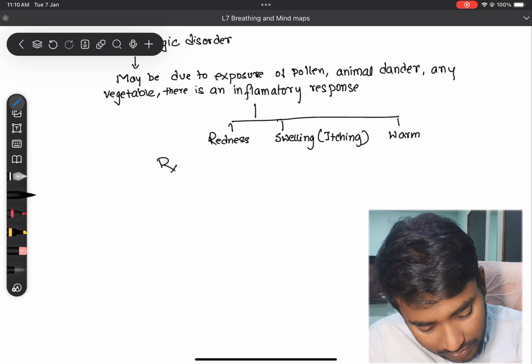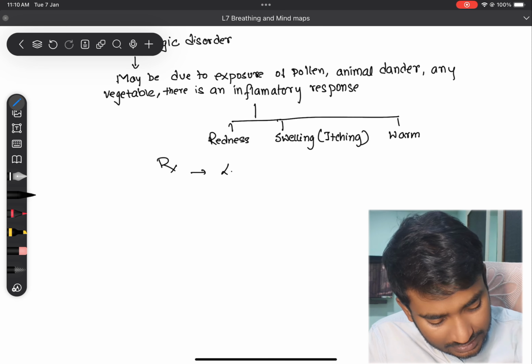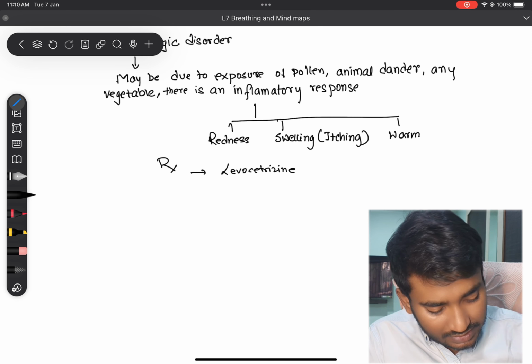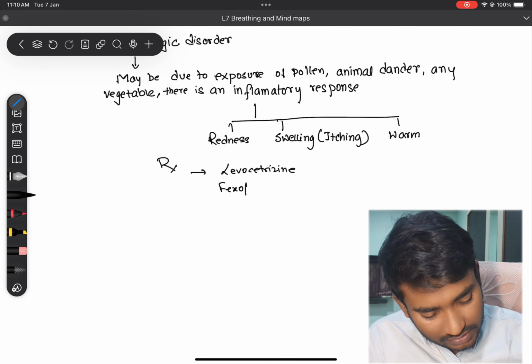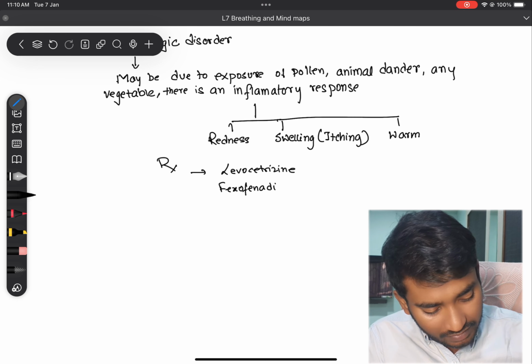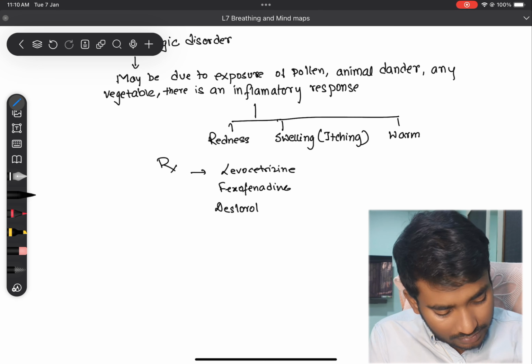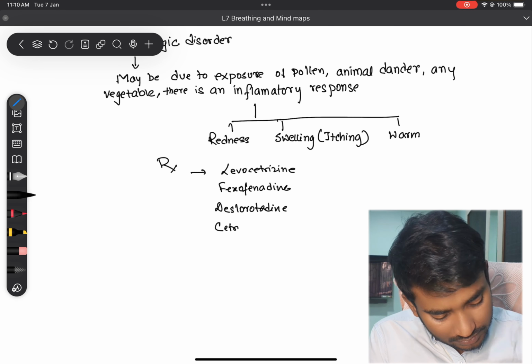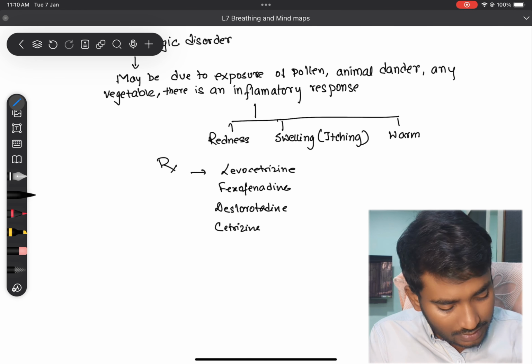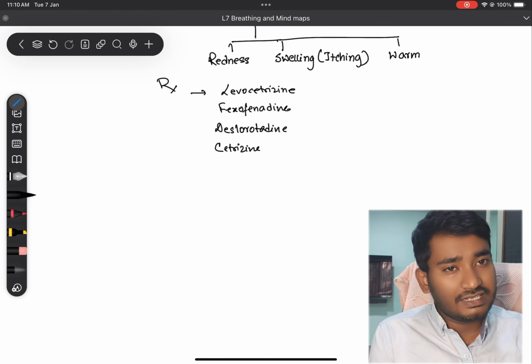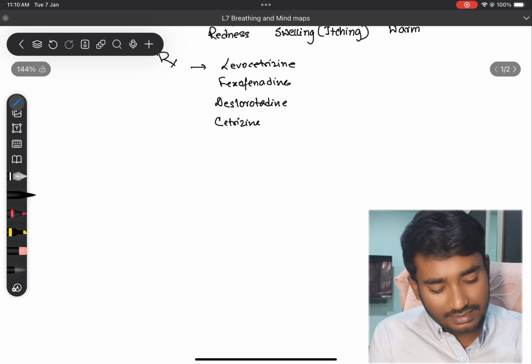Okay, we give prescription medication such as levocetirizine, fexofenadine, desloratadine, cetirizine, and in emergency cases we can administer adrenaline, but only in emergency cases.